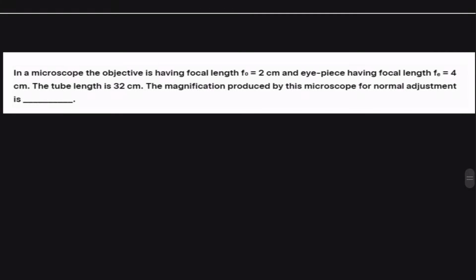So we are given that a microscope objective has a focal length of 2 cm and the eyepiece has a focal length of 4 cm. The tube length is 32 cm. The magnification produced by the microscope for the normal adjustment is asked. Normal adjustment means the final image is formed at infinity, or we can say our eye is relaxed.